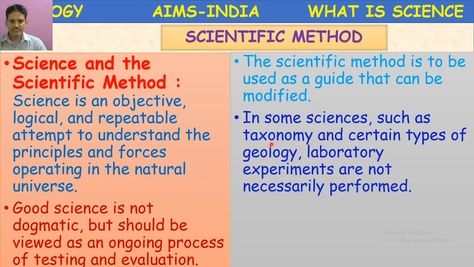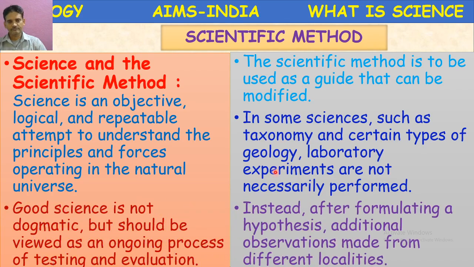Every subject involves its own strategy. So instead of laboratory experiments, after formulating a hypothesis, additional observations are made from different localities. Trial and error methods. The observations made in one area, one locality, they will apply to another area, like that. Okay, these are some of the principles involved in the scientific method.